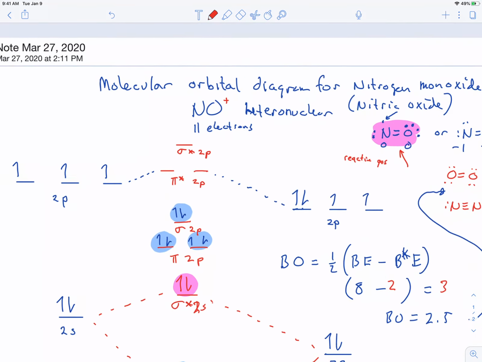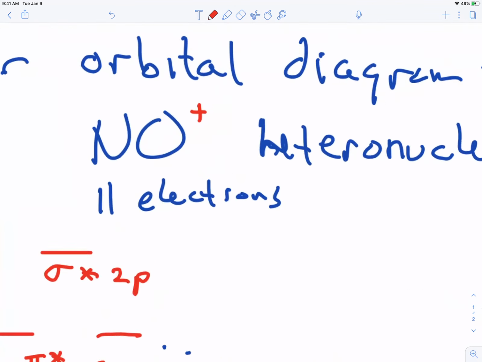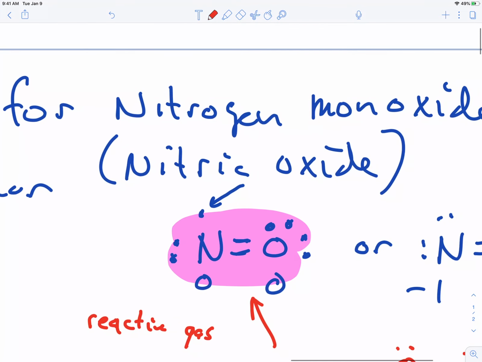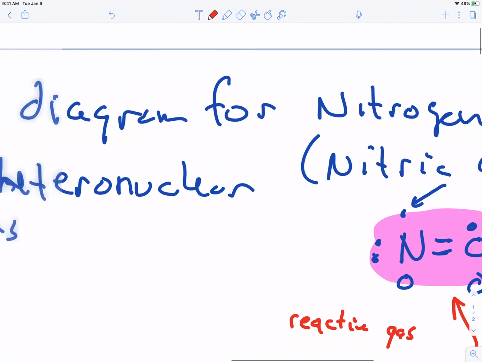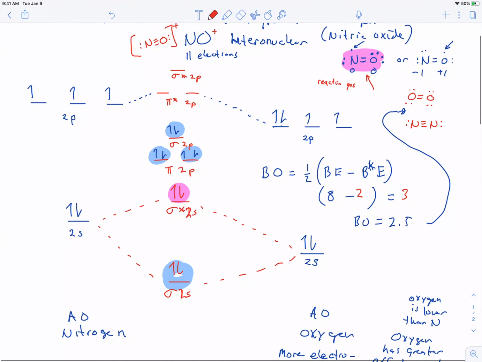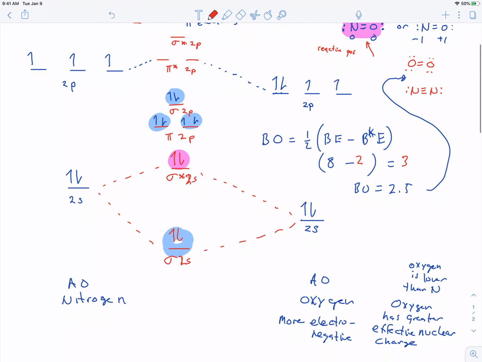And this nitrogen-oxygen ion, NO+, has a triple bond. That's been determined. And it is much more stable than nitric oxide, but it has a plus charge on it. So we've used molecular orbital theory to observe a species in which the two atoms are from different elements.